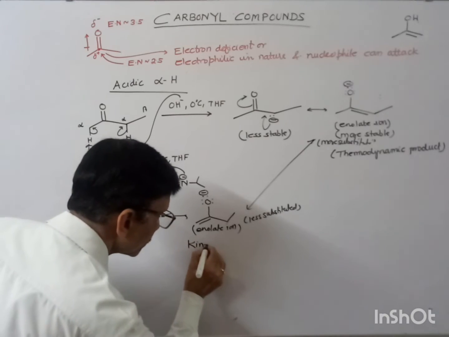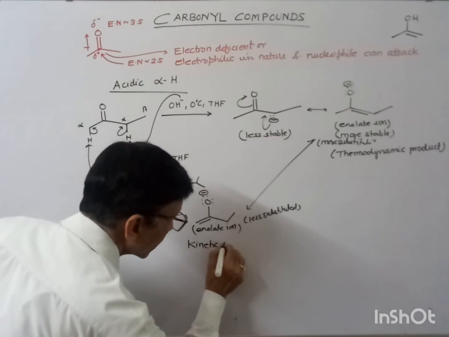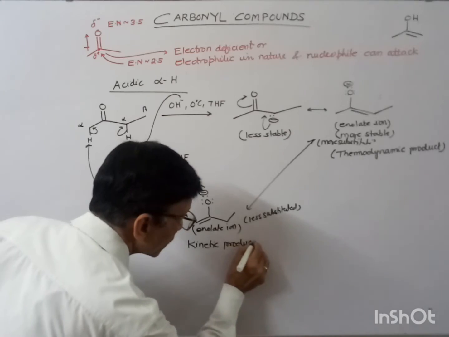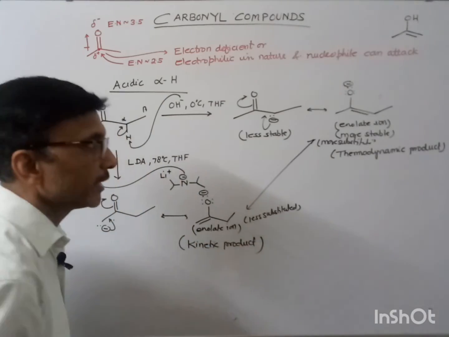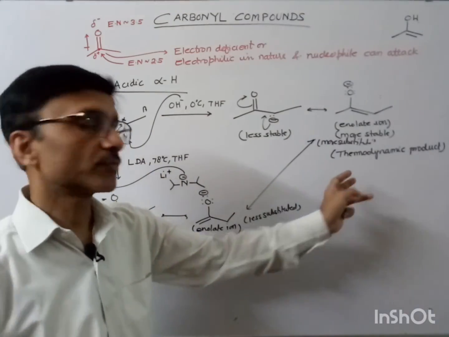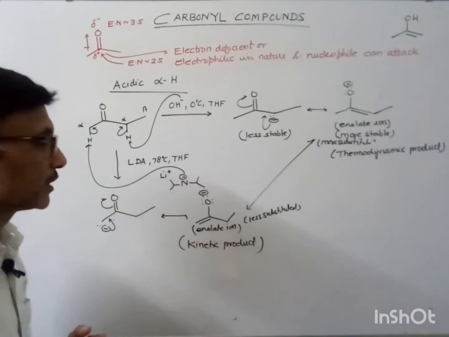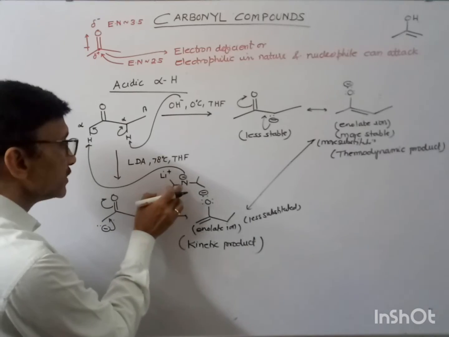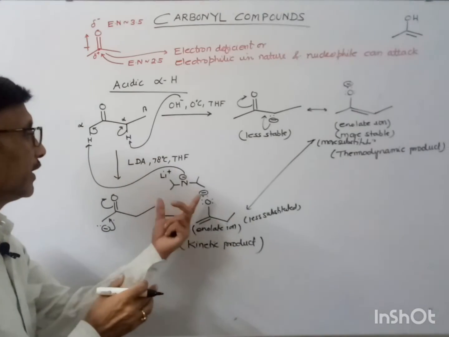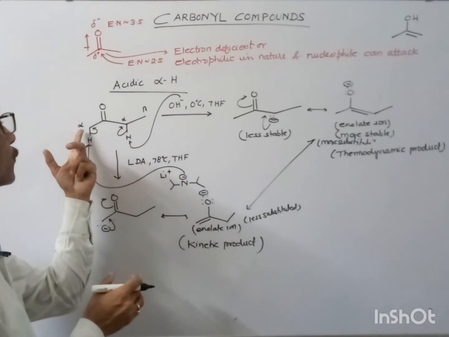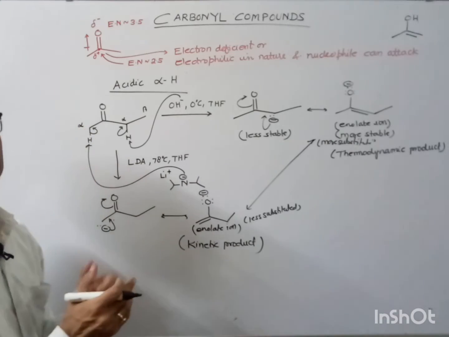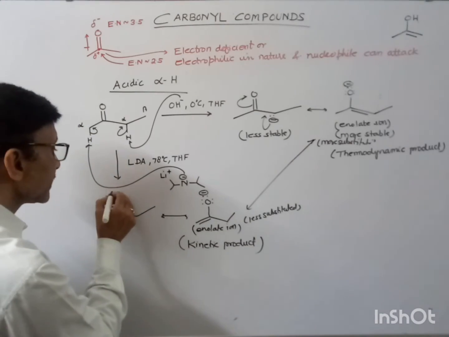And here the product that you will get would be the kinetic product. And we know that the kinetic products are formed faster, while thermodynamic products are formed slowly. Another thing we may understand here is why they form fast: because this being the bulky base, it will take out the alpha H from the less hindered position.